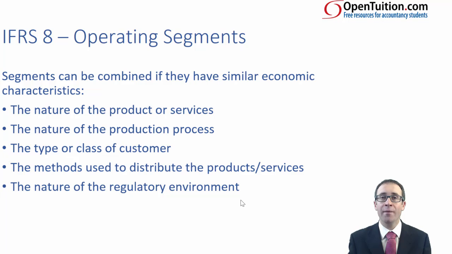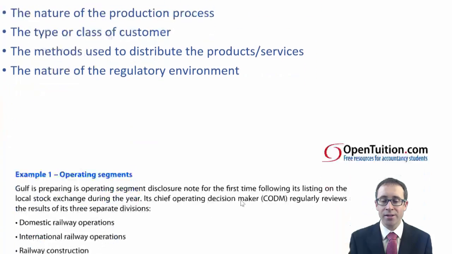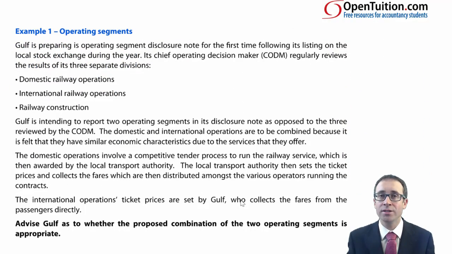And the regulatory environment, how the products or the services are governed overall by, say, governments or other regulatory services. If those characteristics are similar, then we will be able to combine the segments. And this brings us to a past exam question under P2.